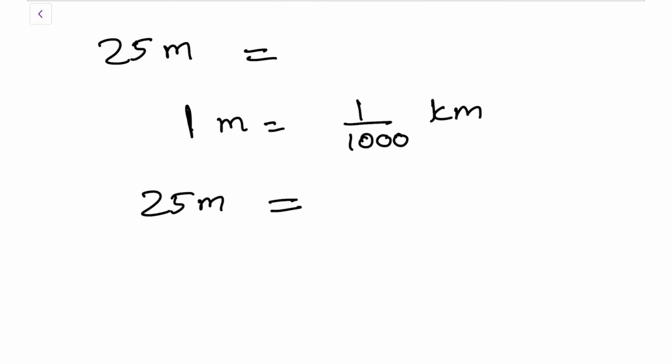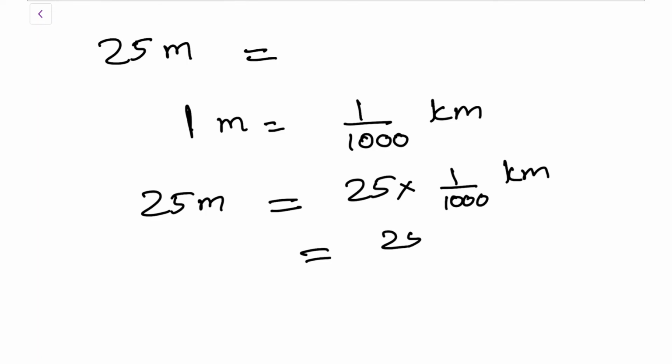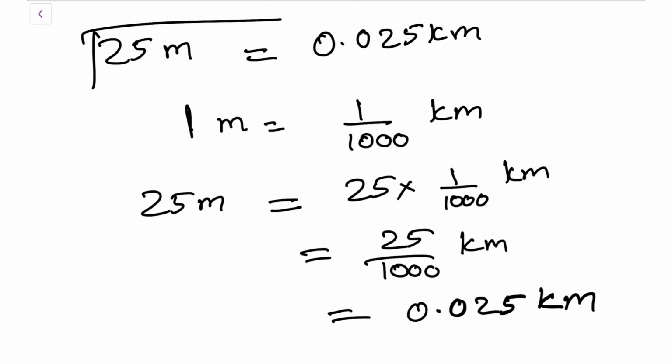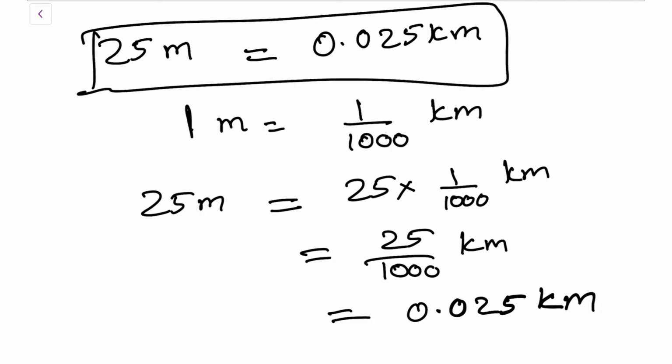It's 25 into 1 by 1000 kilometer. That is nothing but 25 by 1000 kilometer, which is nothing but 0.025 kilometers. So 25 meter can be written as 0.025 kilometers. You can see how decimals are used as a measure of length, right?